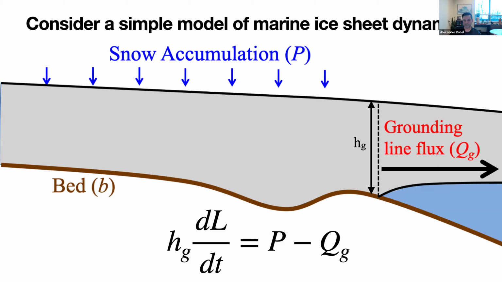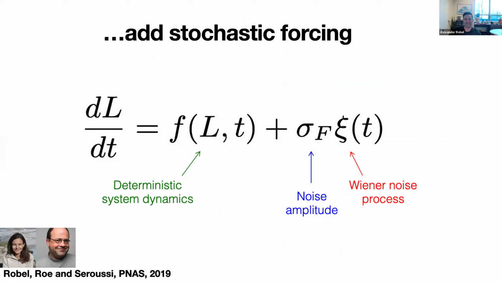And here we have a very simple, one ordinary differential equation model for the mass balance of a marine terminating glacier. Okay, so now we can add in this wrinkle of stochastic forcing, right? This is a leap of logic that you'll have to take here, but if we say the chaotic variability of the ocean and the atmosphere cannot be predicted, we can emulate it, or we can approximate the distribution of potential ocean and atmospheric forcing on the ice sheet as a stochastic process.